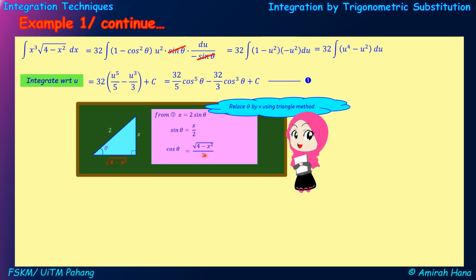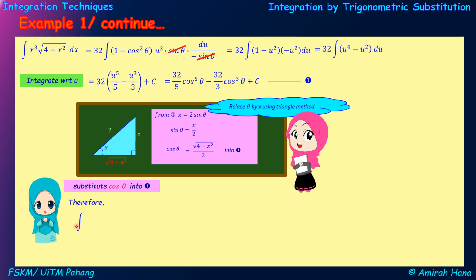So we get cos theta equals square root of 4 minus x squared over 2. Then we substitute cos theta into equation 1.